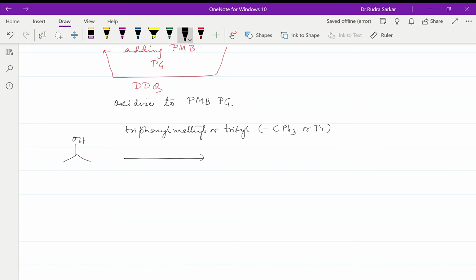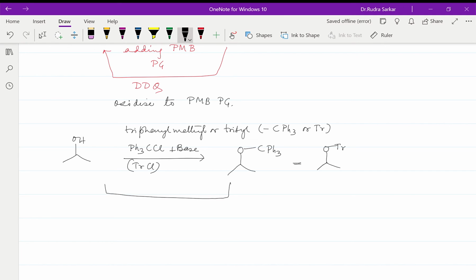And so one can say that Ph3CCl. Again, we use the base, reasons have been explained before, or we can call this TrCl. So this is basically adding TrCl to the alcohol, which will lead to a molecule of this kind, which can also be represented in the following manner.